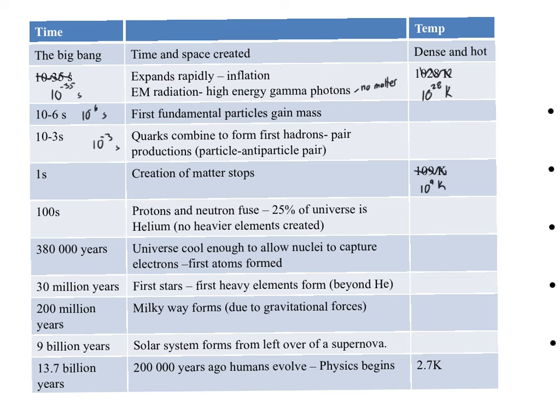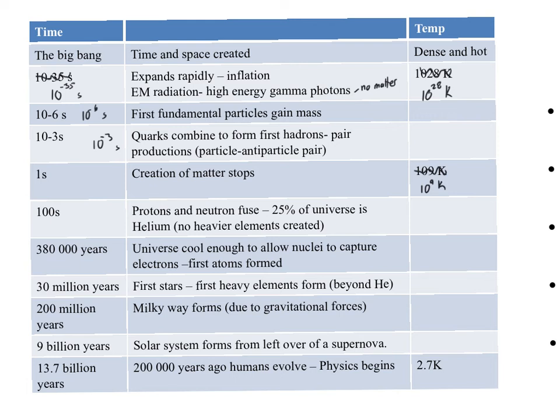At about 100 seconds, protons and neutrons fuse, so you'll have about 25% of the universe as helium, but not many heavier elements are created at that point, because the expansion of the universe is so quick. After 380,000 years, the universe starts cooling down enough to allow nuclei to capture electrons, so you have the first atoms forming at that point.